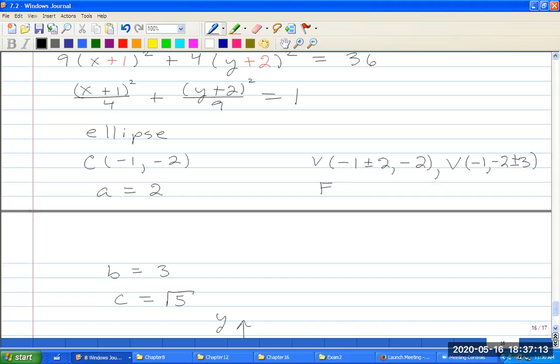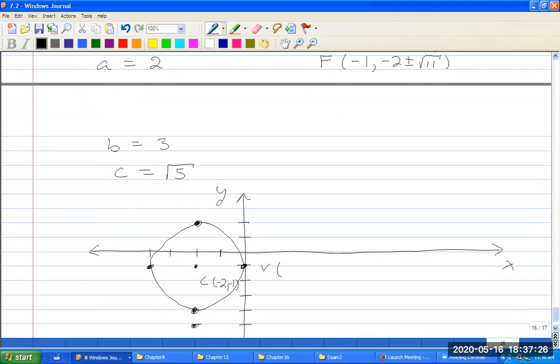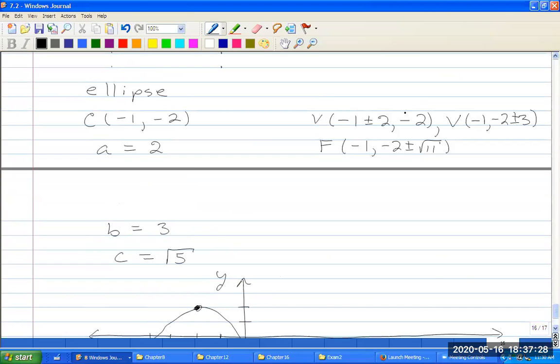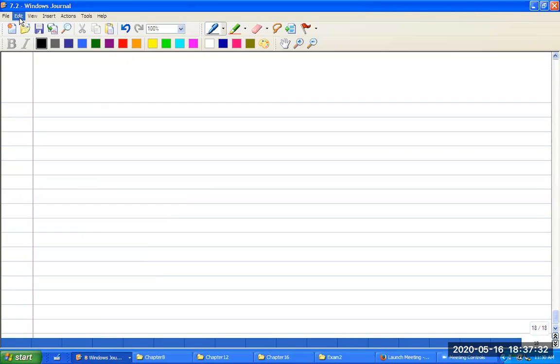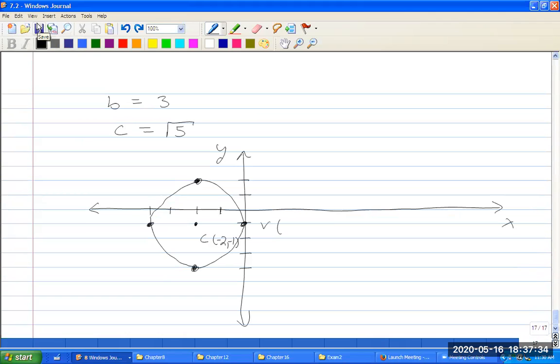And the foci, b is bigger than a, so it's at -1, -2 plus or minus rad 11. Okay. And of course, you could calculate these. So this is going to be at 0, -1 and at 4, -1.